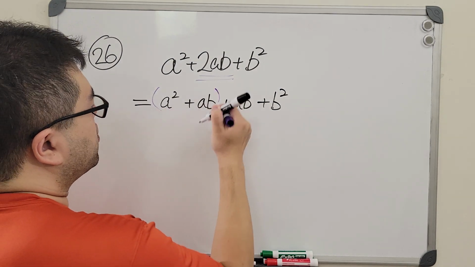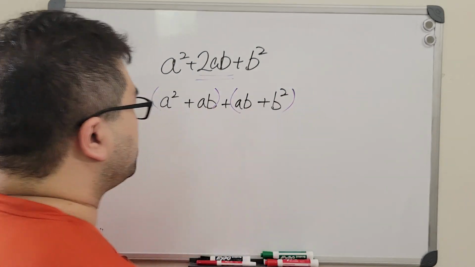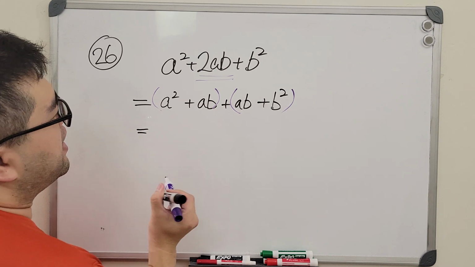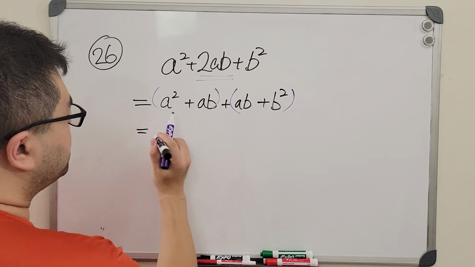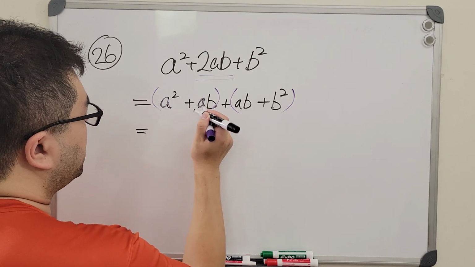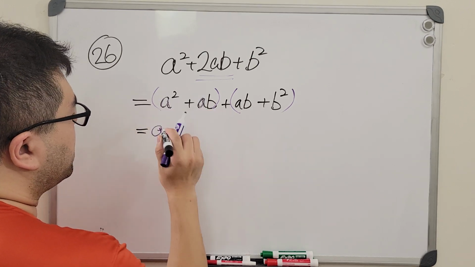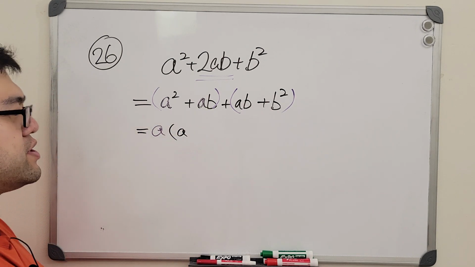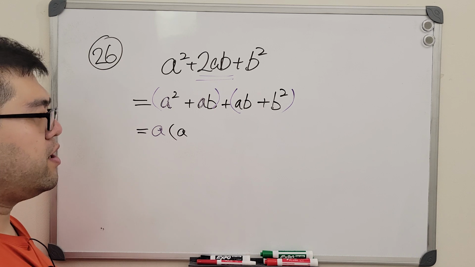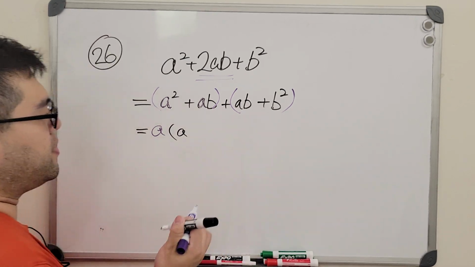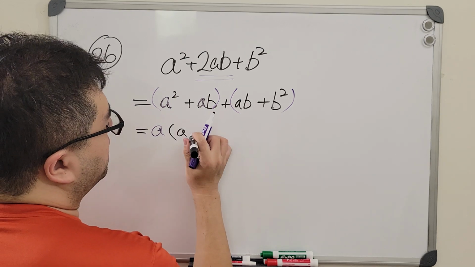So we can actually group the first 2 terms together and then the second 2 terms together, such that as we group the first 2 terms, we can see that there's an a here and there's an a here. We'll factor out the a, and for the remaining parts, a squared becomes a, as we take 1 copy out of 2, we only have 1 copy left.